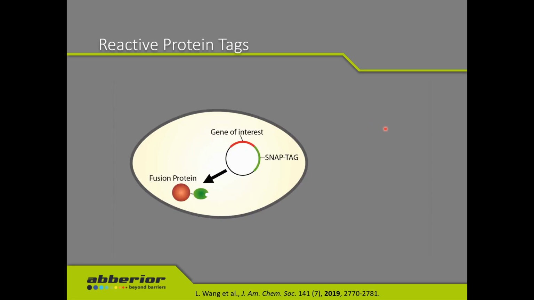Once you have placed your plasmid inside your cell, your fusion protein gets expressed, consisting of your protein of interest and your protein tag. The protein tag itself is not fluorescent at all, but it has a reactive site. If you now add organic fluorophores to your cell, and those organic dyes can pass the membrane and have a reactive site attached, then your organic fluorophore will react with your protein tag, forming a covalent bond, and then you have indirectly labeled your protein of interest.